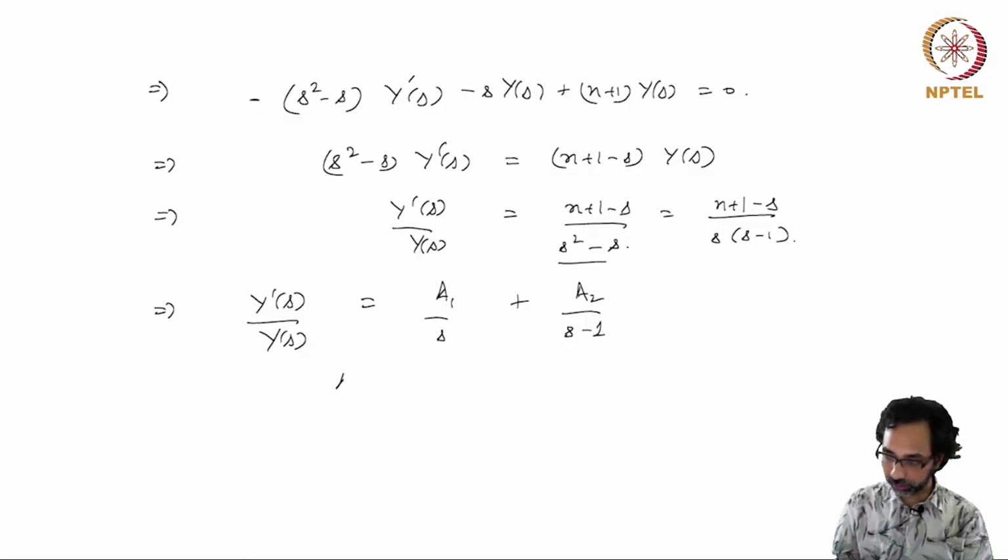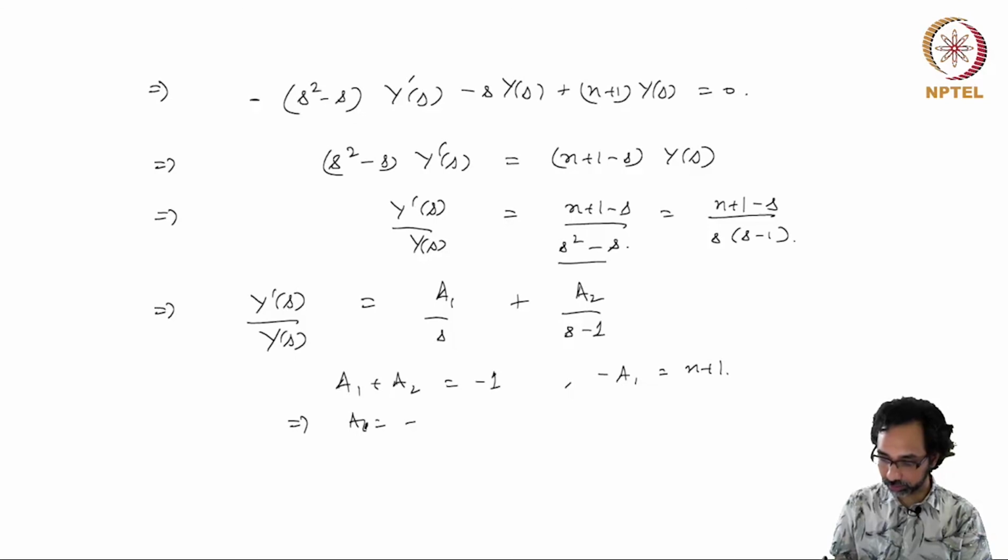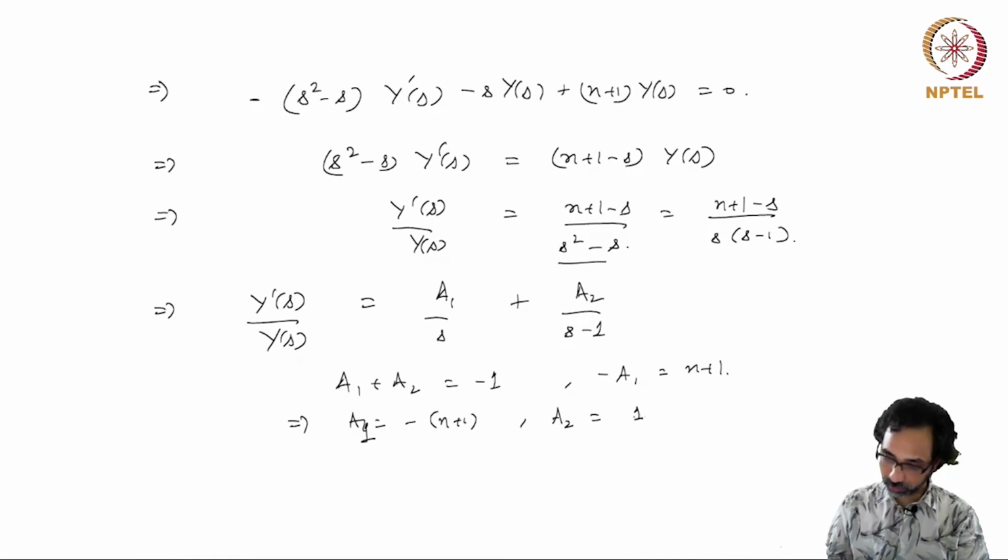One can easily find that a1 plus a2 equals minus 1 and minus a1 equals n plus 1. So this implies that a1 is minus (n plus 1) and a2 is equal to minus 1 plus n plus 1, which is equal to n.